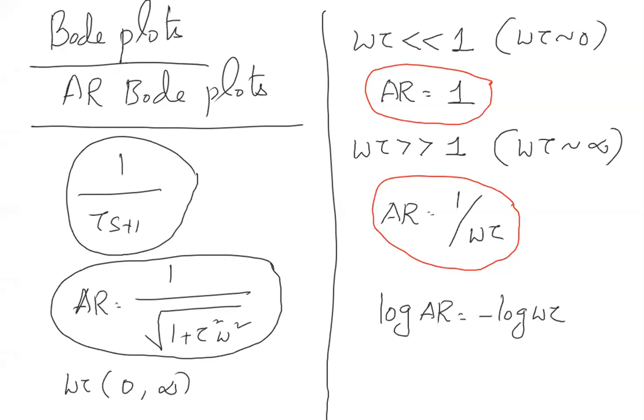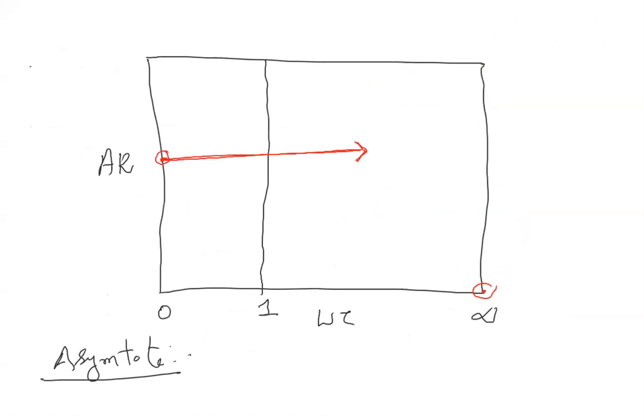And if you are plotting this on a log-log graph, so this is a log-log graph. So what is another asymptote? This is another asymptote, which is omega. The actual curve may be something like this. I am not interested in the actual curve.